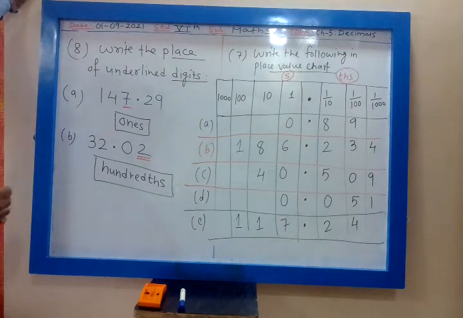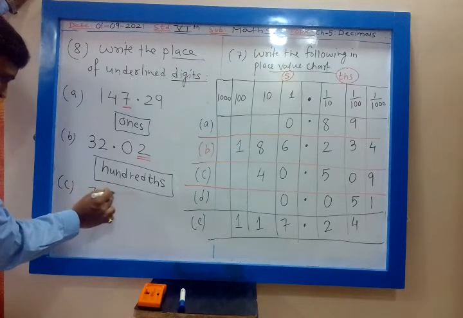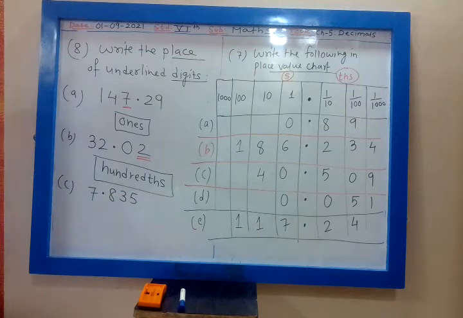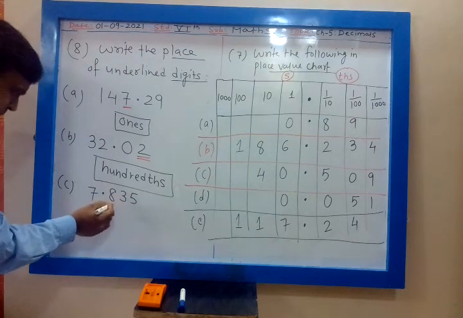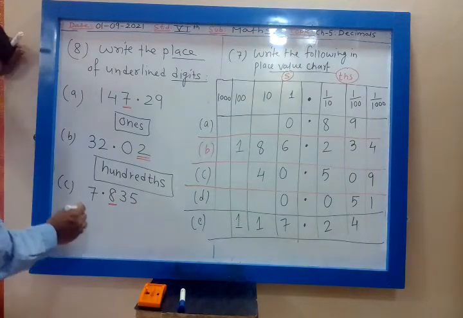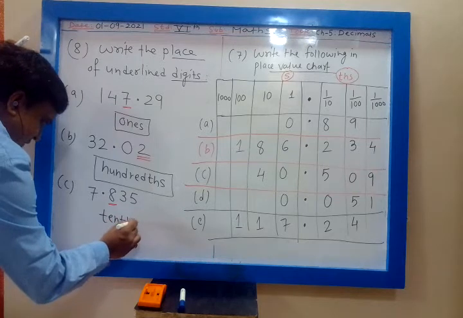Then 7.835, and the underlined digit is 8. What is the place of 8? Tenths. T-N-T-H-S.